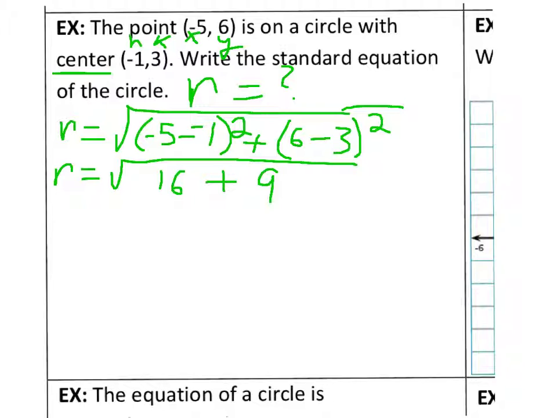So once again, negative 5 plus 1 is negative 4, squared is 16. That's where the 16 comes from. And then 6 minus 3 is 3 squared, which is 9. That's where this 9 comes from. Okay. Let's finish this up. So we get r equals the square root of 25, which means r is 5.